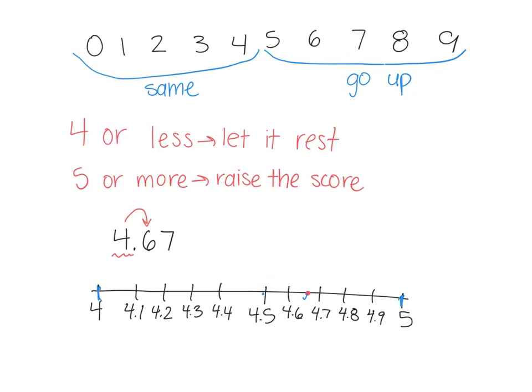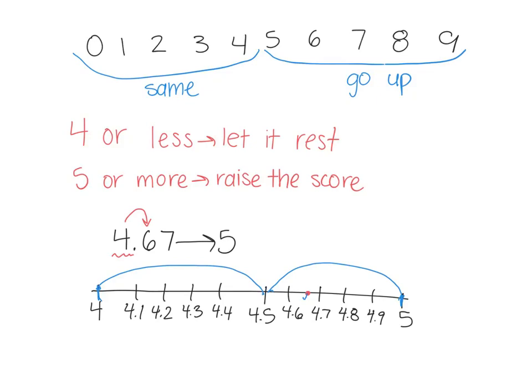So everything on this side is closer to 4 wholes, and everything on this side is closer to 5 wholes. This little red dot here falls on the right side, which means that it's closer to 5 wholes. So this 4 and 67/100ths, I round to 5 wholes.